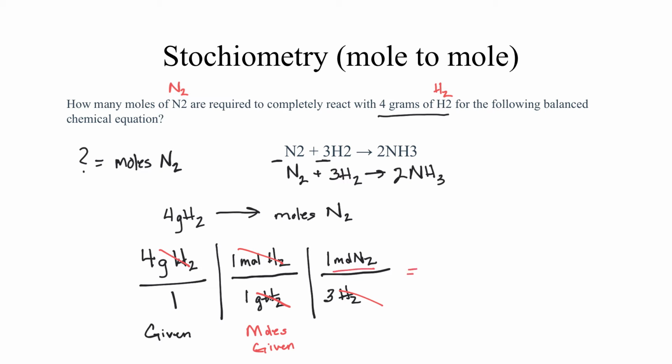And so we can write that unit out here and just multiply through. So 4 times 1 times 1 is 4, divided by 3, right? 4 divided by 3 equals 1 1/3, or 1.33 repeating, moles of N2.